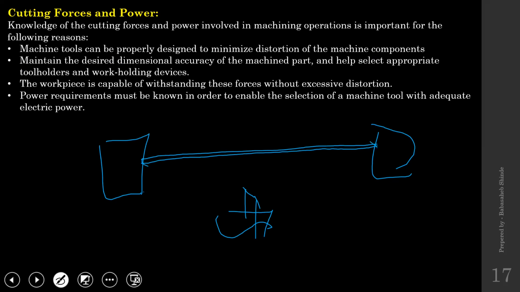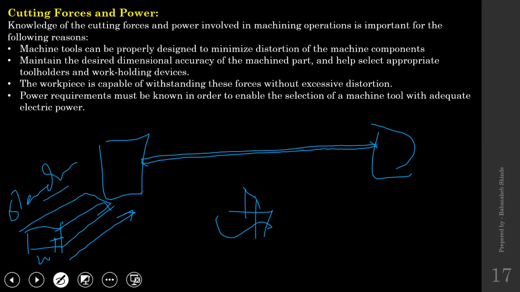If you compare the three dimensions, width, thickness or height, and length of that component, out of those three dimensions, if width and thickness are very small and length is very large, such kinds of workpieces are called slender workpieces.